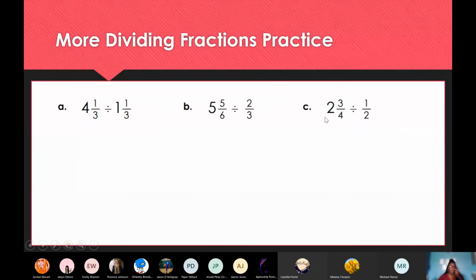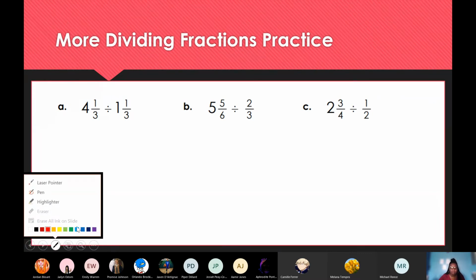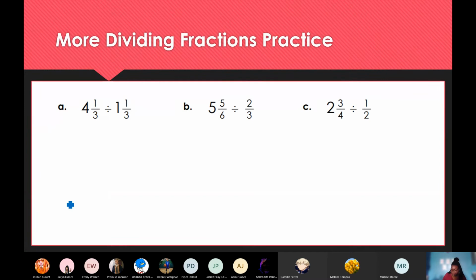Okay, so let's do some more dividing fractions practice. You see here that we're going to be dividing fractions by mixed numbers. And the only thing that's going to change here, we're going to write down our steps so that we have them. The only thing that's going to change is we first have to change that mixed number to an improper fraction.